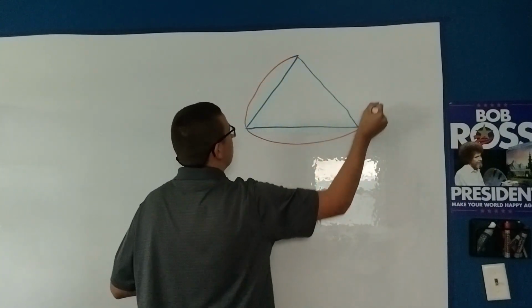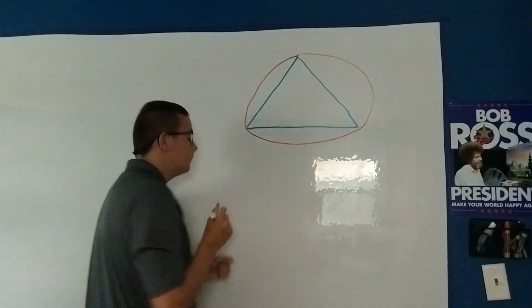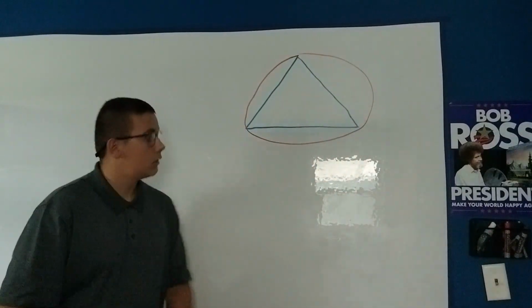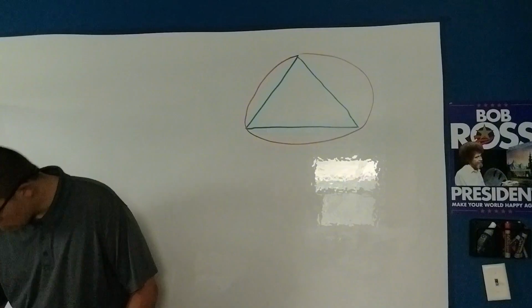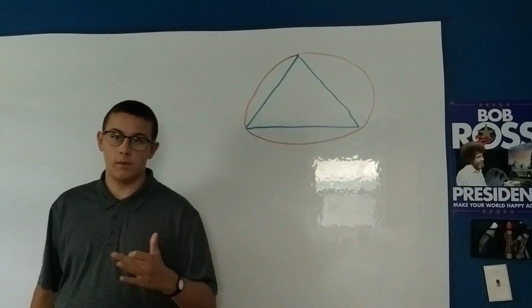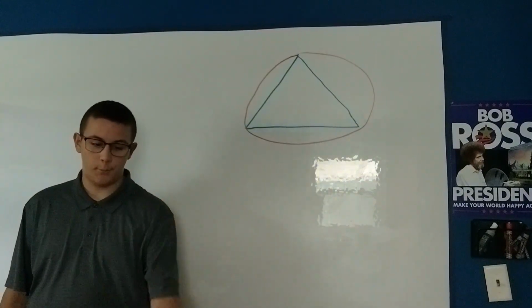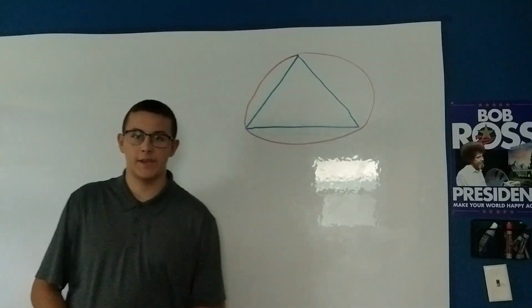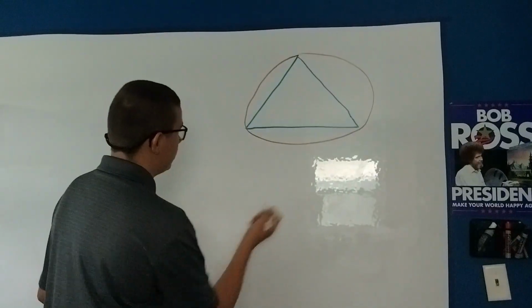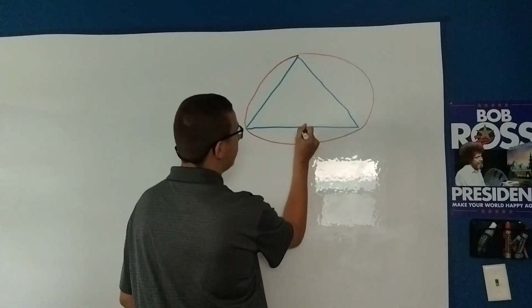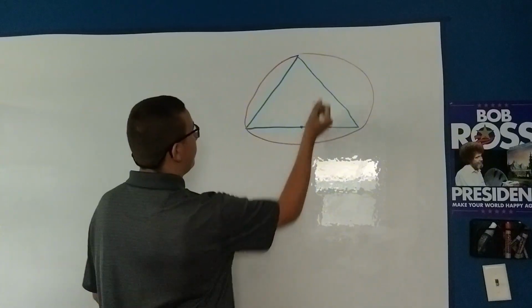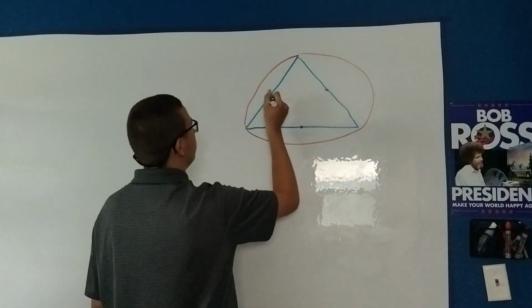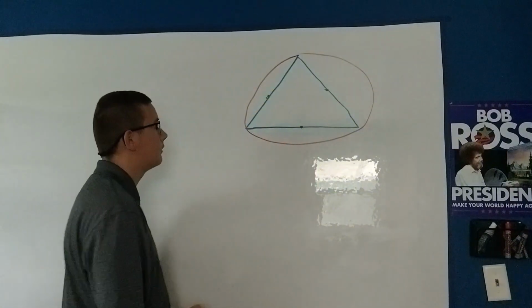Something like that. And we want to take, again, a line that goes perpendicular and bisects the side. So let's draw our midpoints here. I'd say that's a midpoint, that's a midpoint, and that's a midpoint.